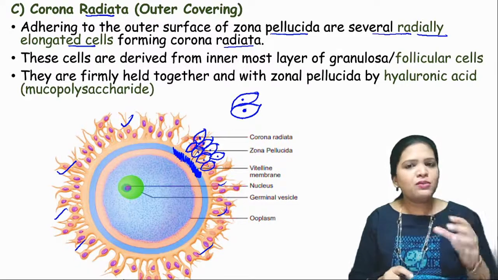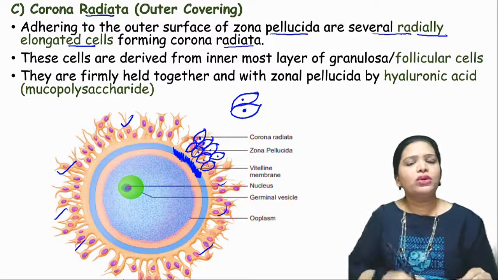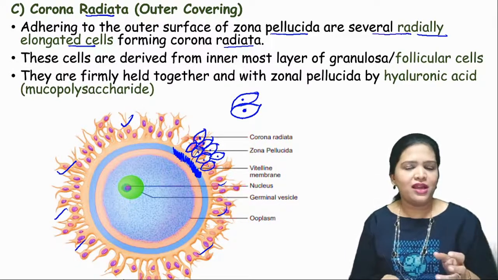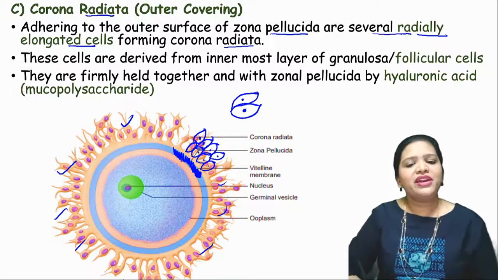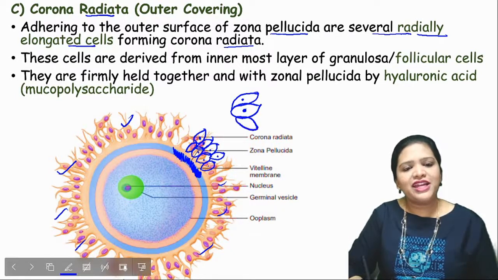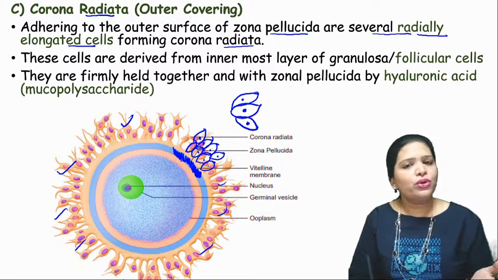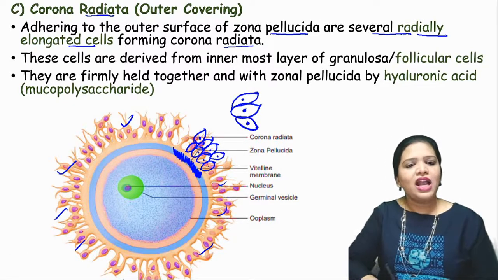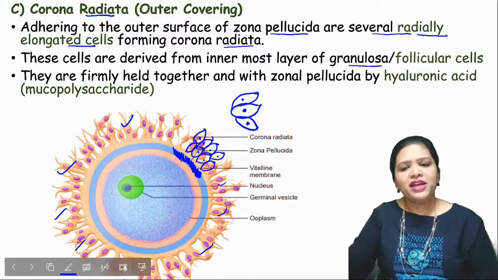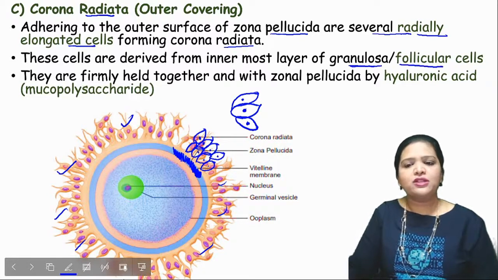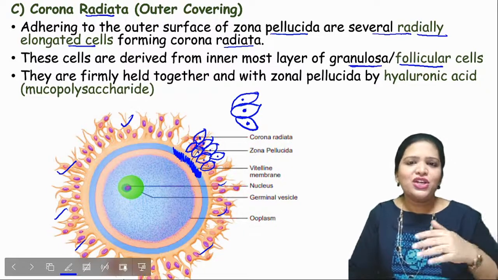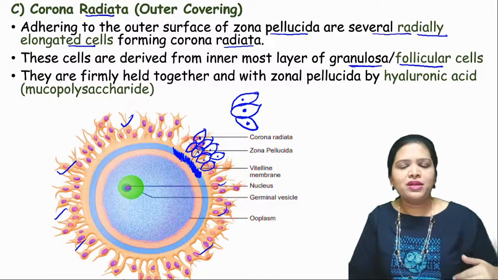This is the nucleus. Okay, the shape is like this, radially elongated cells forming a covering. Since it forms like a covering, this is called corona. Corona means covering, and radiata means radially elongated cells forming a covering. That is called corona radiata. These cells are derived from the innermost layer of the granulosa cells or follicular cells. So we know that this is coming from the Graafian follicle only.